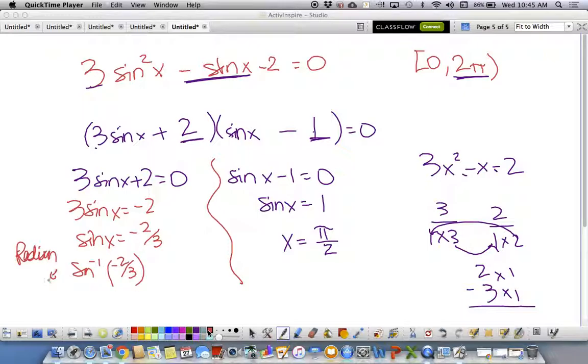And I'm also thinking, where is sine negative? In quadrants 3 and 4. So what did you get? 0.7297, etc. I might even say 0.73.